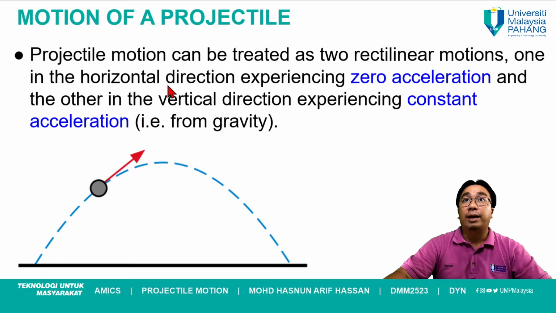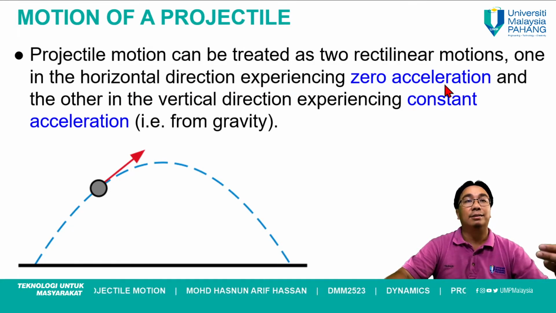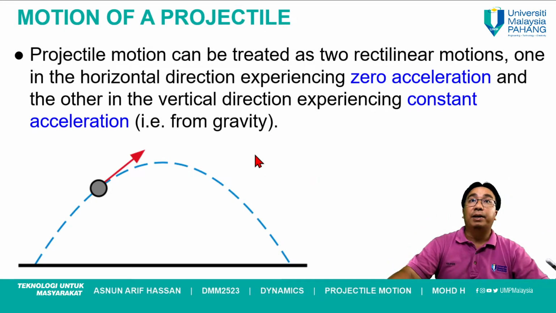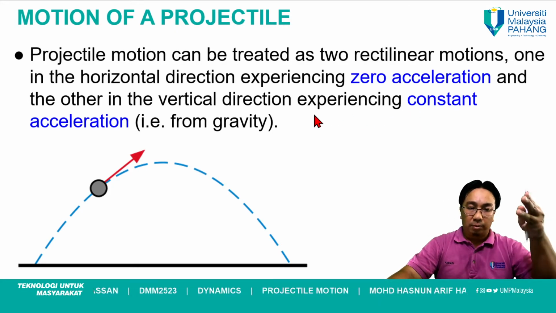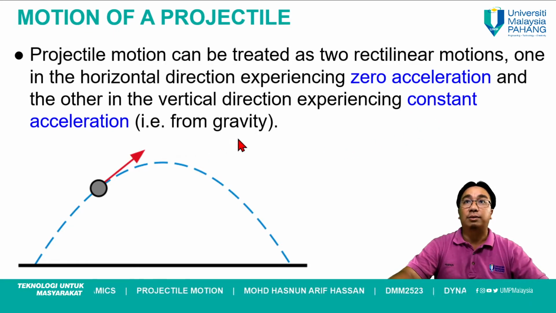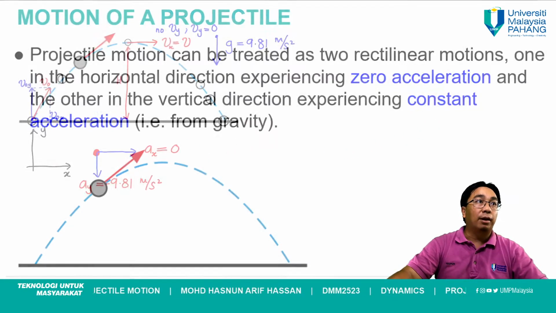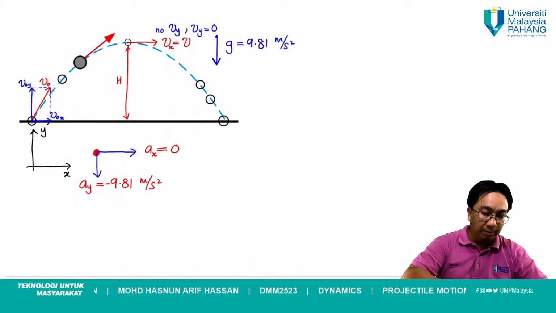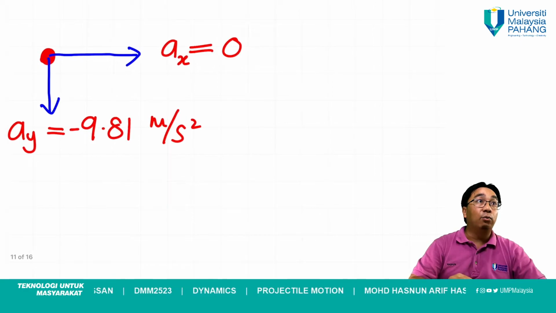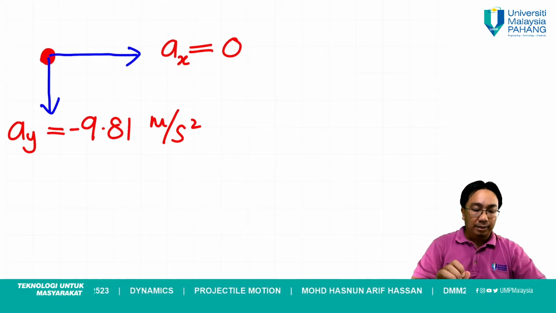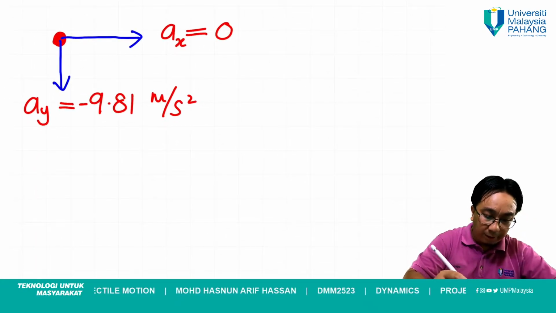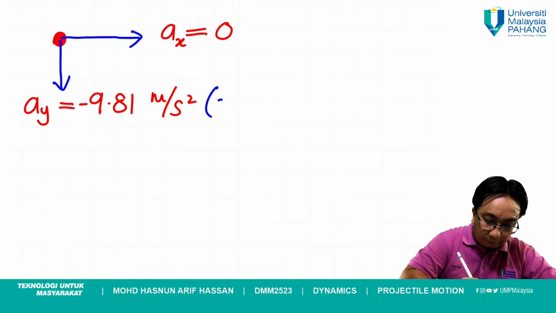At every time the horizontal acceleration is 0, ax equals 0 at all times, and at all times the acceleration in the y axis, the vertical direction, is constant gravity. So referring back to what I wrote here, ax equals 0 throughout, and ay equals minus 9.81, which is constant. I add here that this is constant.